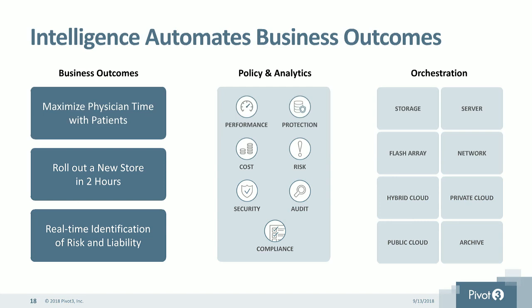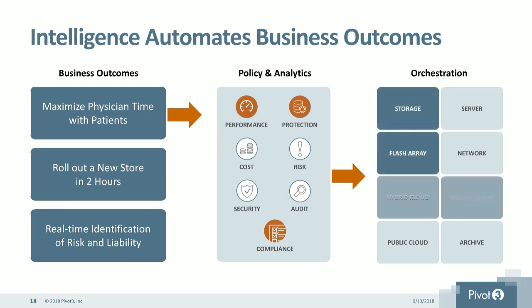As an example, maximizing physician time with patients, this was a virtual desktop rollout that we helped with, where we were able to cut login times dramatically for the doctors, and that was facilitated through our software that's performing the performance and protection and compliance in that particular instance.